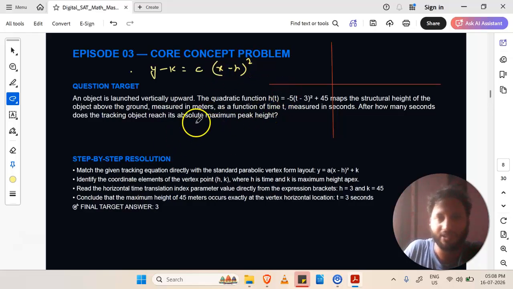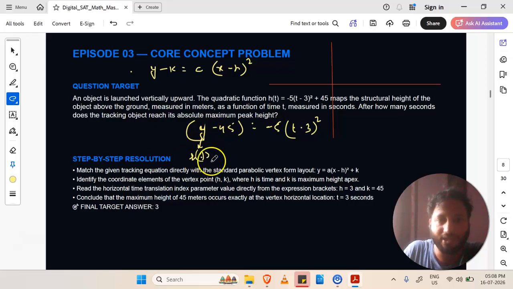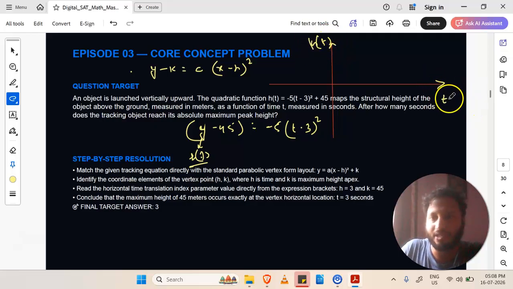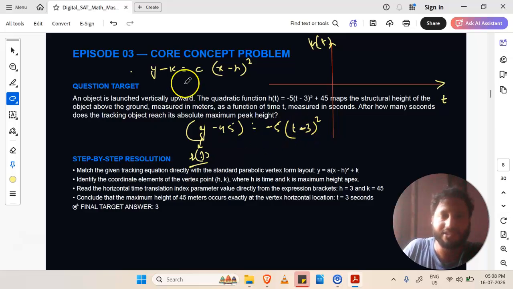Just a little rearrangement is required. Here y is h(t), so y minus 45 is equal to minus 5 (t minus 3) whole square, where y is simply h(t), height.